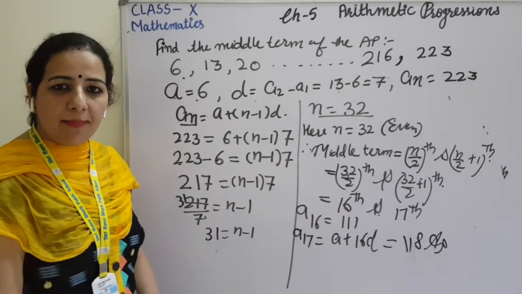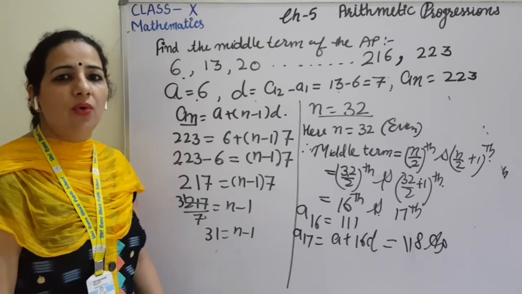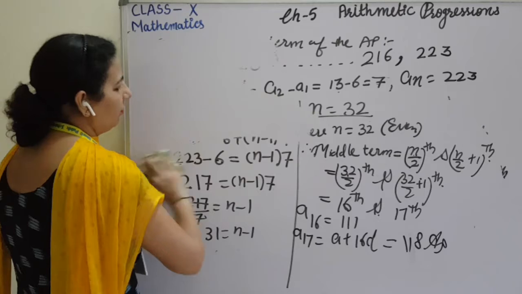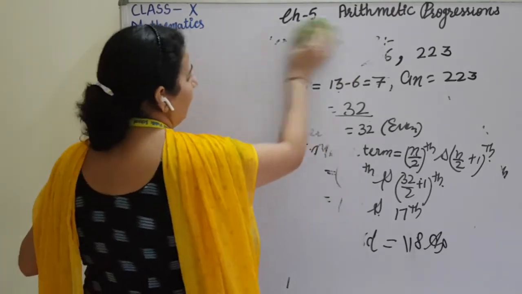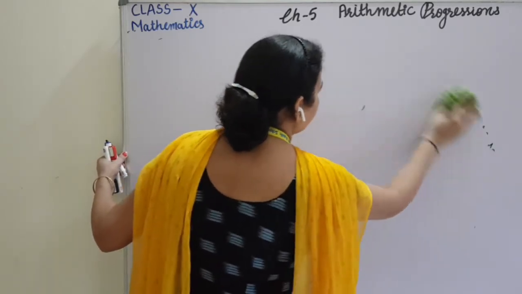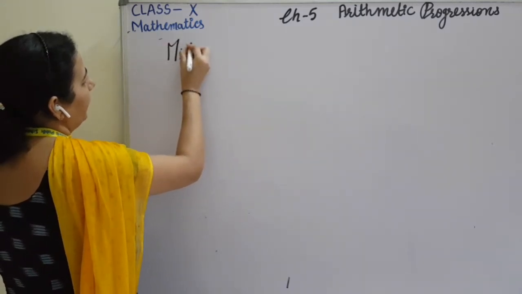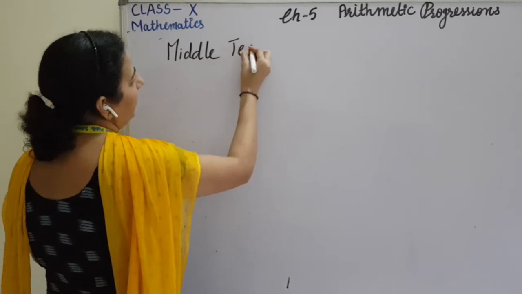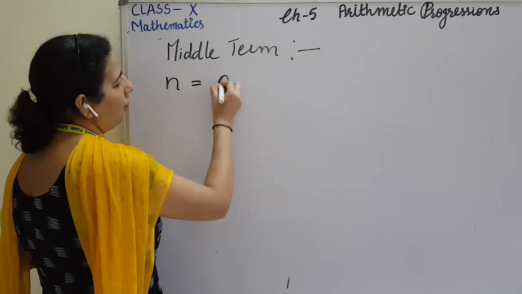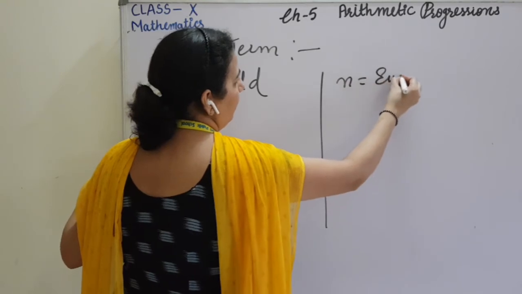So for finding the middle term, first we have to calculate the value of n. It all depends on the value of n, whether it is even or odd. So I'm just going to write down the formula here. The formula for calculating the middle term in the AP series: here n is an odd number and here n is an even number.